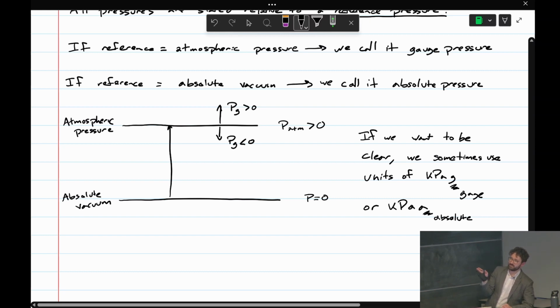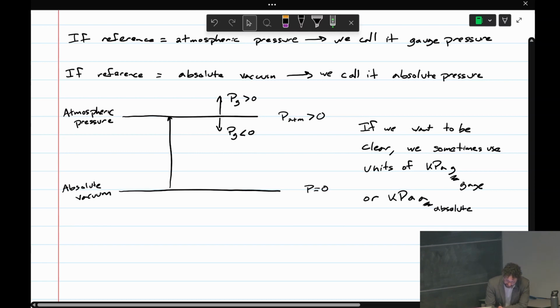I'll try and use those when I'm having you do problems, just so you get used to them, because it's more precise that way when you specify the unit. This is like our degree C or Kelvin. So this is mostly context dependent.